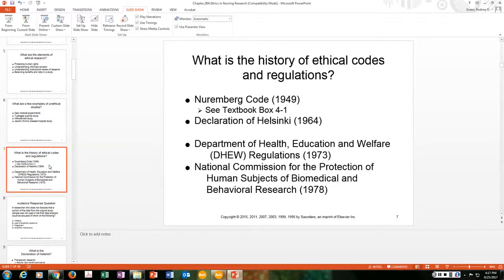So this gives you an idea of what protection HIPAA Privacy Law, Department of Health and Human Services, and the U.S. FDA provide.